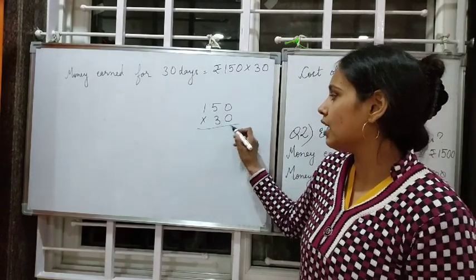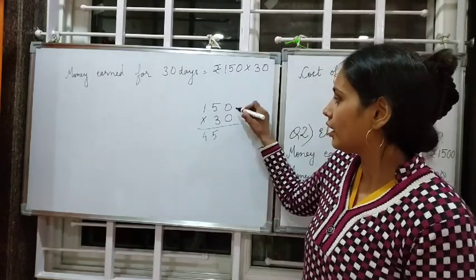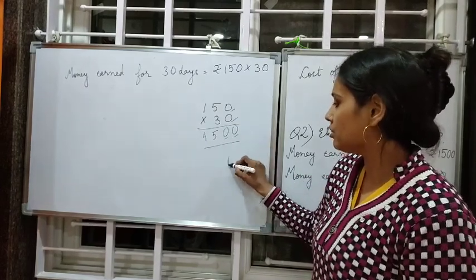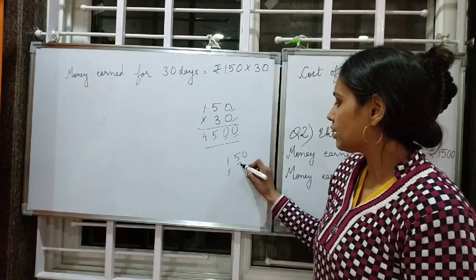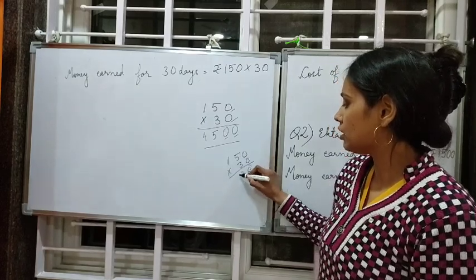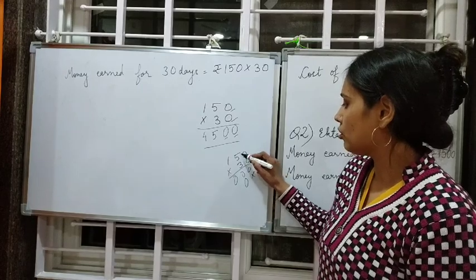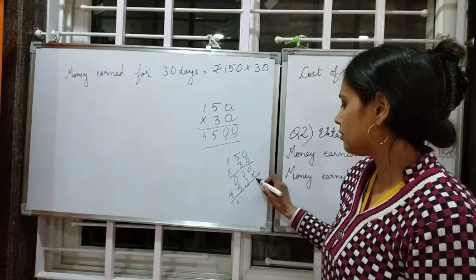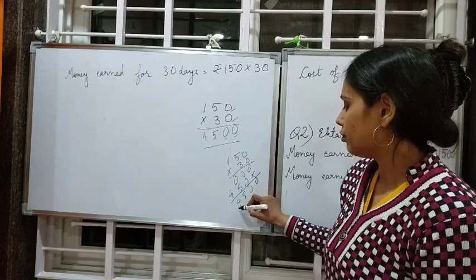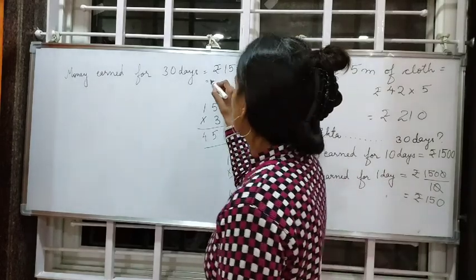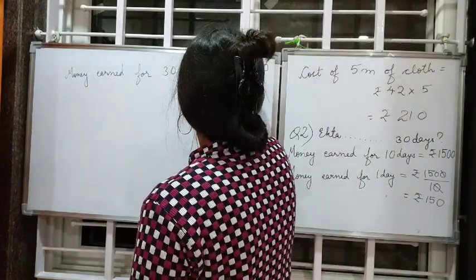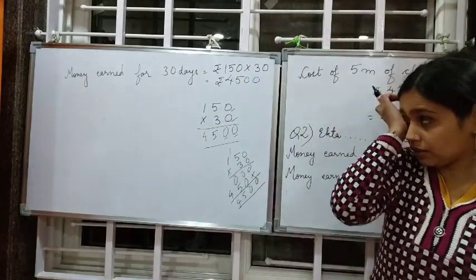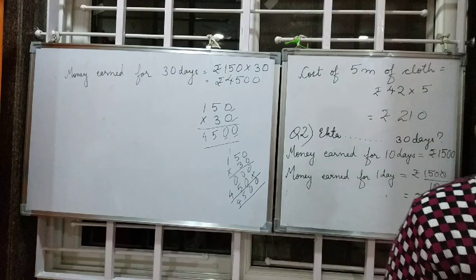That is 15 threes are 45 and there are 2 zeros. We add those 2 zeros. And if you are not able to do like this, you can do simple multiplication. 3 zeros are 0, 3 5s are 15, 3 1s are 3, 4. So it gives us rupees 4,500. And this is your answer for question number 2.